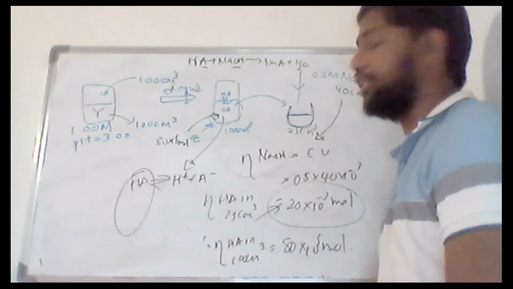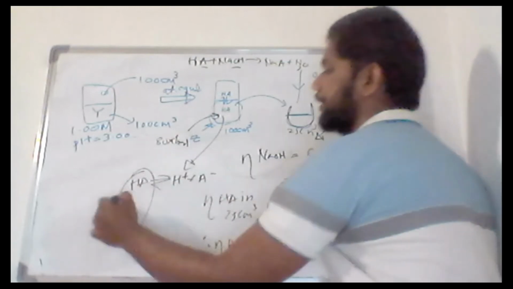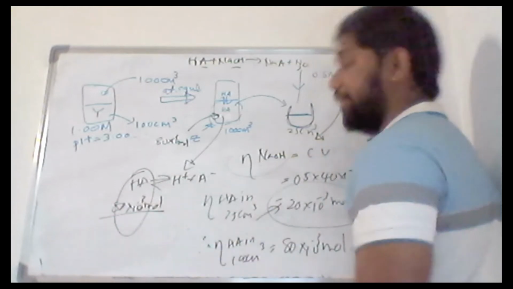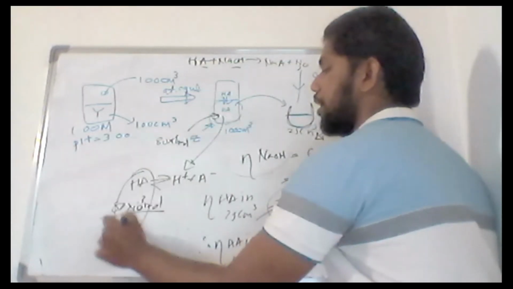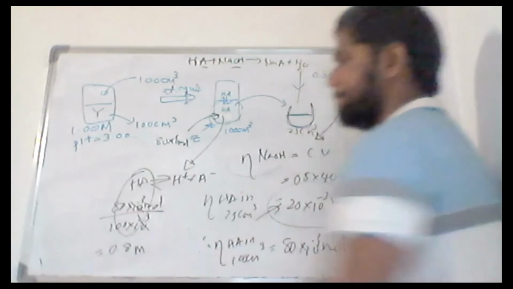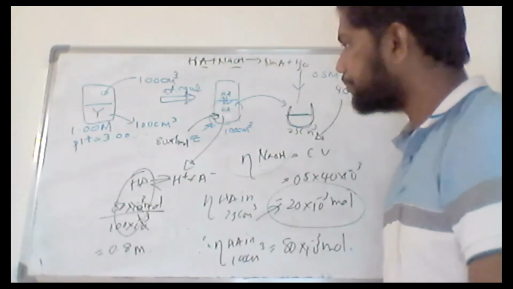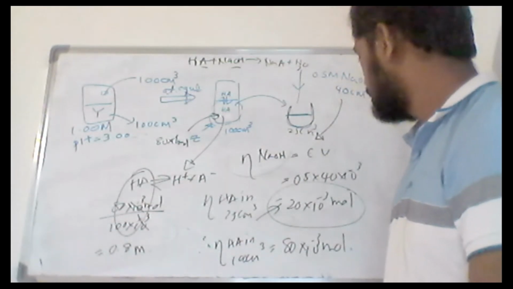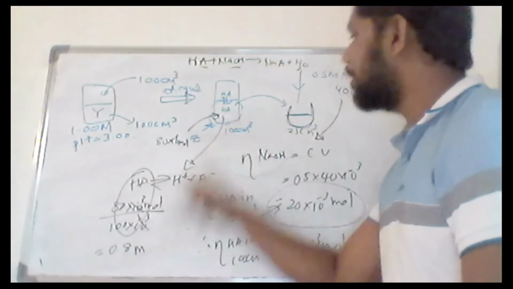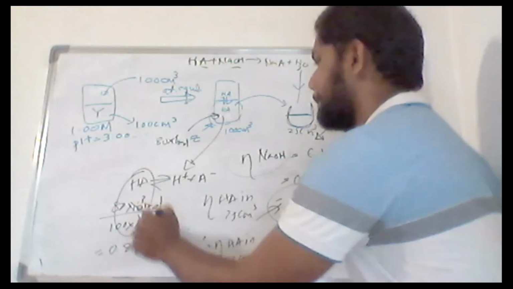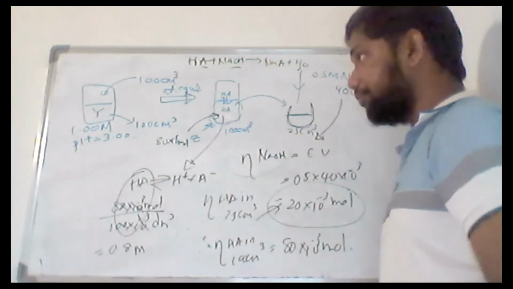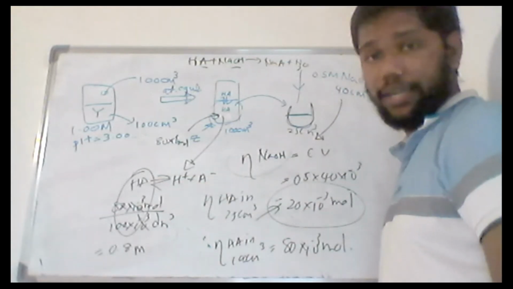So you can find the concentration: 80 into 10 to the power minus 3 mole, and the volume is 100 cubic centimeter, 100 into 10 to the power minus 3 decimeter cubed. So basically this will be 0.8 m. This is the concentration that is present in the Z aqueous solution.